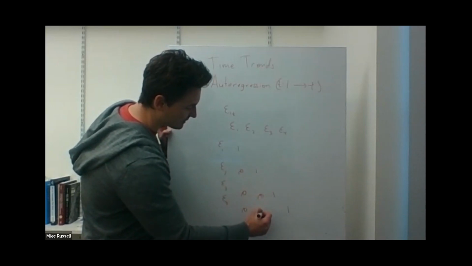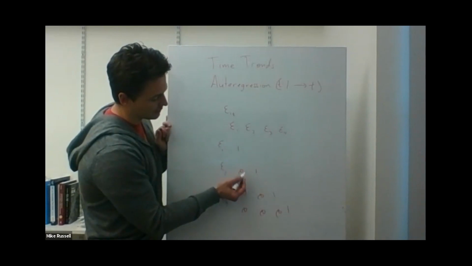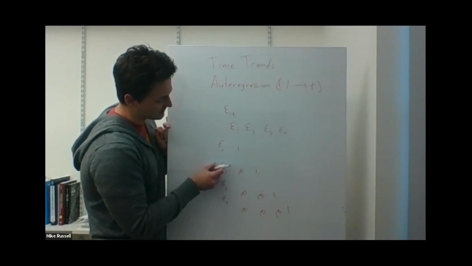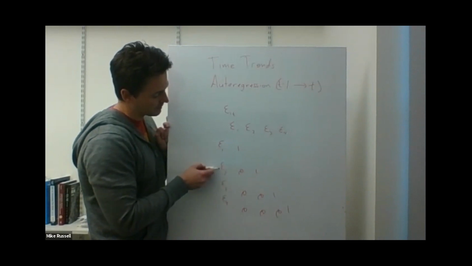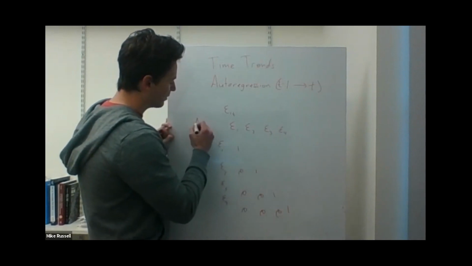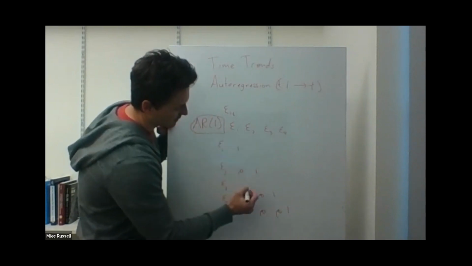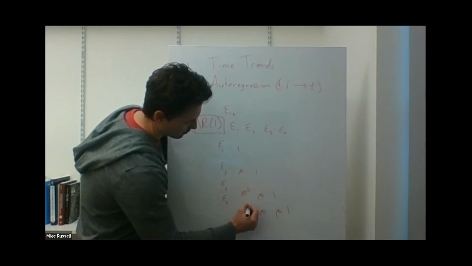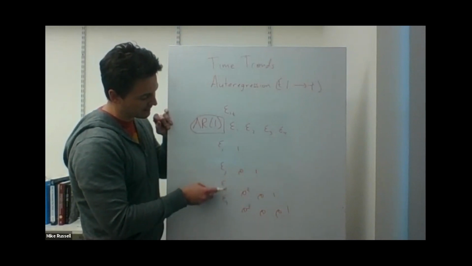We call these autocorrelation structures. What we would do is estimate the correlation between residual 2 and residual 1. In a typical AR1, an autoregressive 1 error structure, we would raise the value of that correlation to higher powers the farther away it gets.